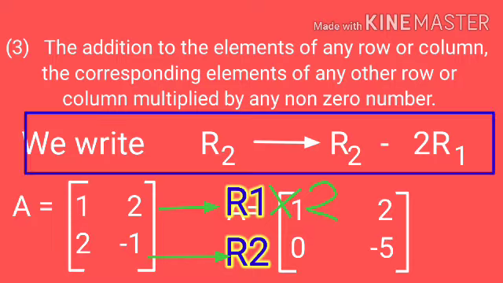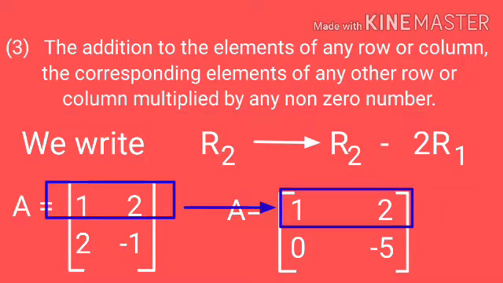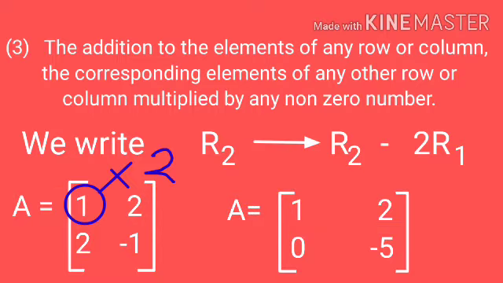Then we can write R2 minus 2 times R1. So let's see here. First row as it is. Now the first element of the first row multiplied by 2 is subtracted from the corresponding element of the second row.